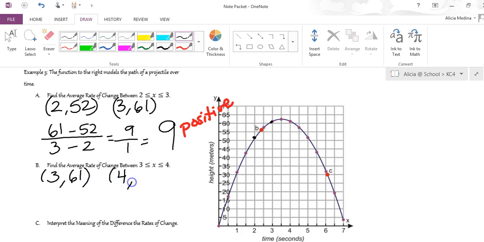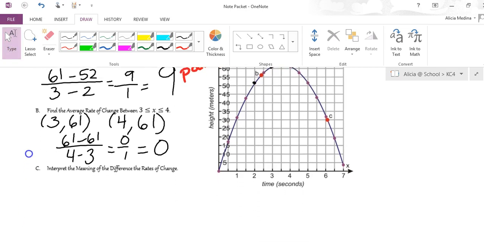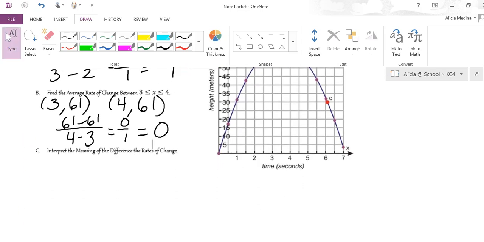When x is 4, my y value looks to be at 61 as well. So 61 minus 61 over 4 minus 3 is 0 over 1, which is 0. 0 just means it's not moving up or down, right? It's staying constant.